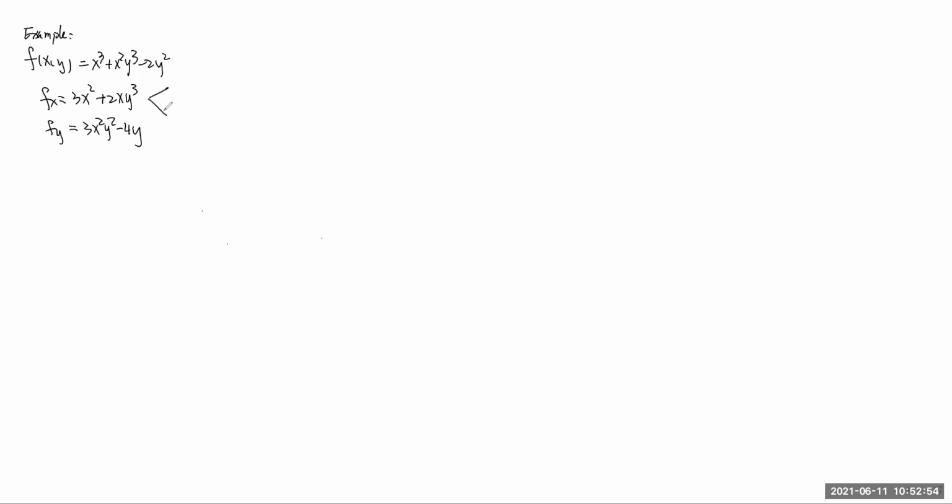And then for fxx, we get 6x plus 2y. fxy is 0 plus 2x. For this, we compute fyx, which is 2x. fyy is negative 4. So you can say they are the same.